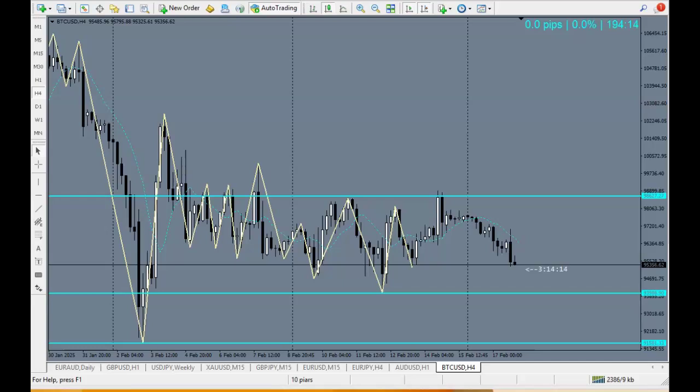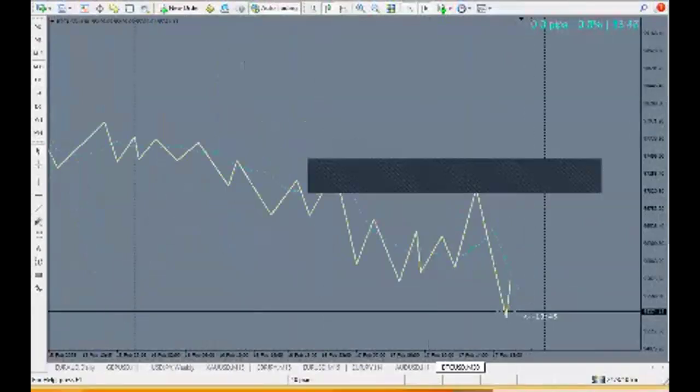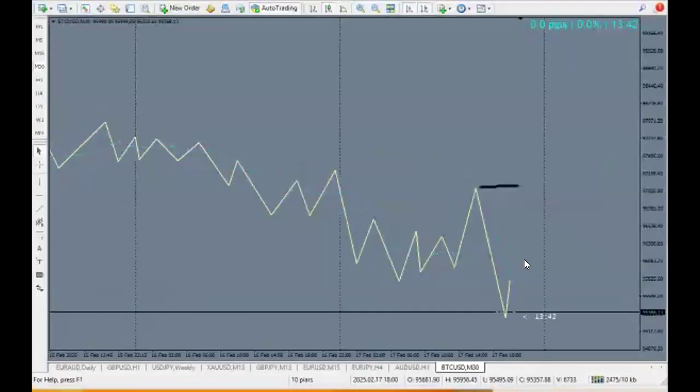But for you, just know that if you are currently bearish, you can even just use this zigzag that we've been using, and wait for it to break that last level. Or go to the 30 minutes chart and wait for it to break the last level. Then you take your trade in the other direction.